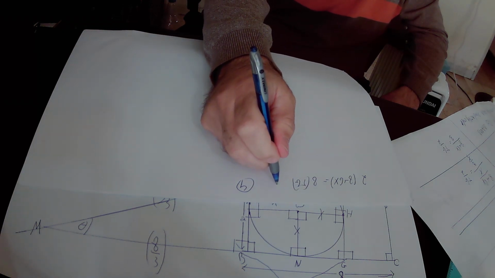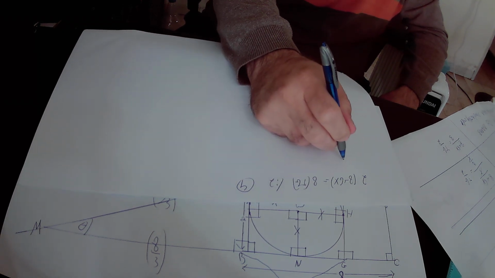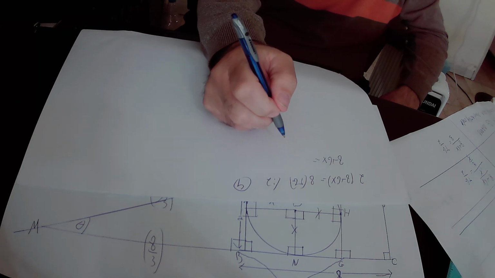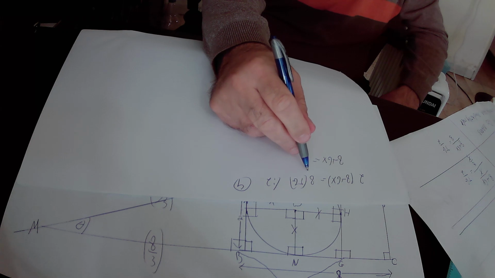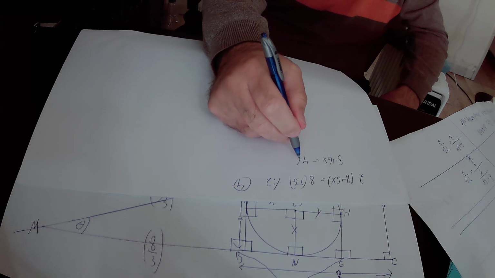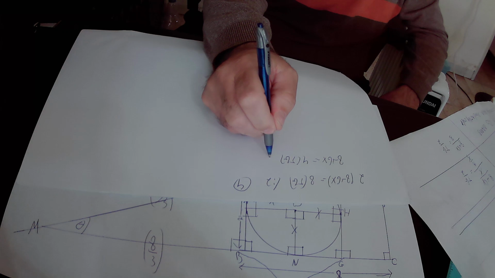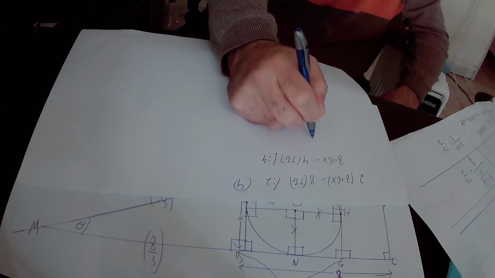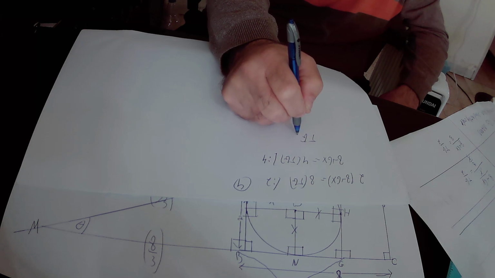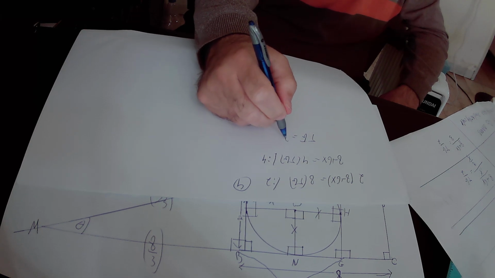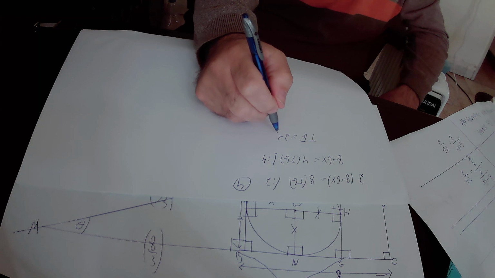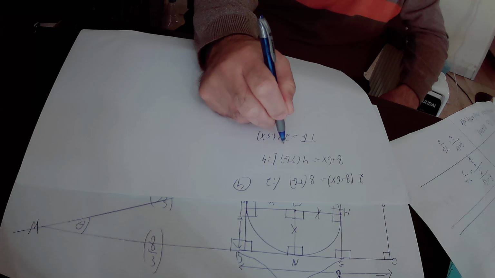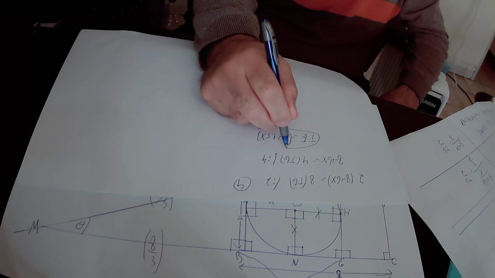We divide this equation by 2, and we get that 8 plus 6x is equal to 8 over 2 is 4, so in total this expression equals 4 TG. Here we divide this equation by 4, and finally we get that TG equals 8 over 4 is 2, plus 6x over 4 is 1.5x. So in total, TG equals 2 plus 1.5x.